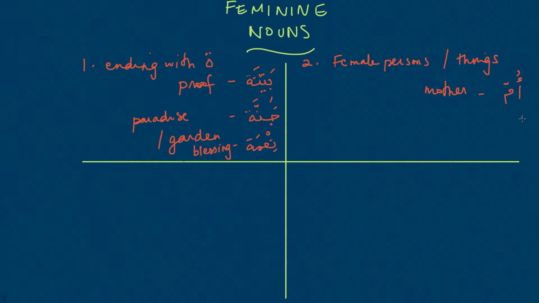Similarly, we have ukht, sister. We have bint, daughter. And similarly, we can have feminine names that don't have the ta marbuta, such as Zainab. Zainab is feminine.